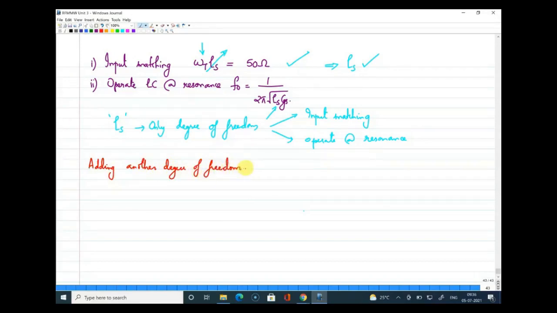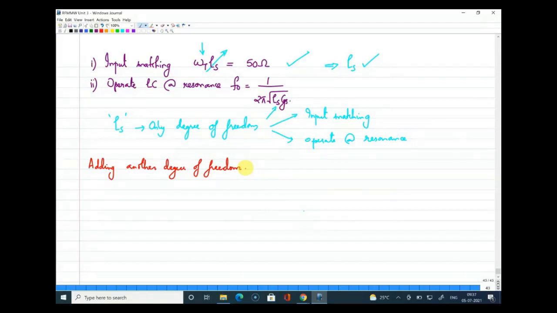Right. That means adding a capacitance. Did you mean adding a C in parallel with the inductance, a C parallel to the inductance of LS? I don't know whether it will help exactly. That can be varied to change F naught.